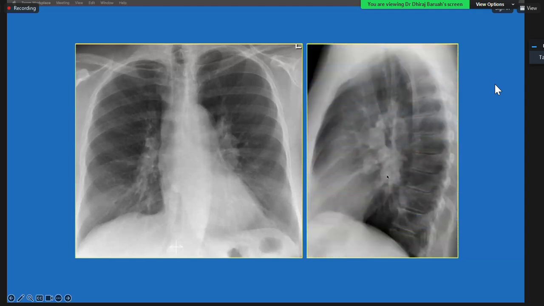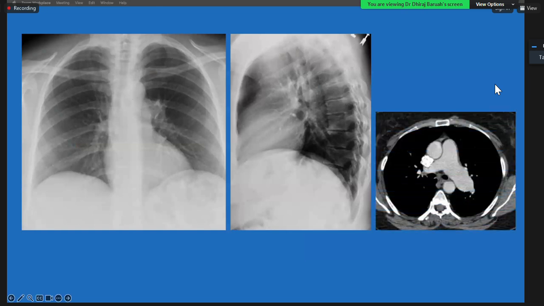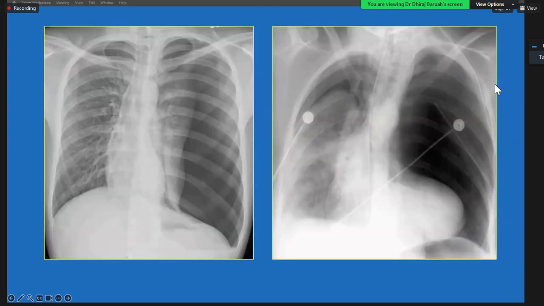If it is obliterated, then this is enlarged lymph nodes. This is how you can detect that. Most of the time when you have hilar enlargement and the triangle is not obliterated, that is because of an enlarged pulmonary artery. So that is an important part to look at, the infrahilar triangle on the lateral X-ray.